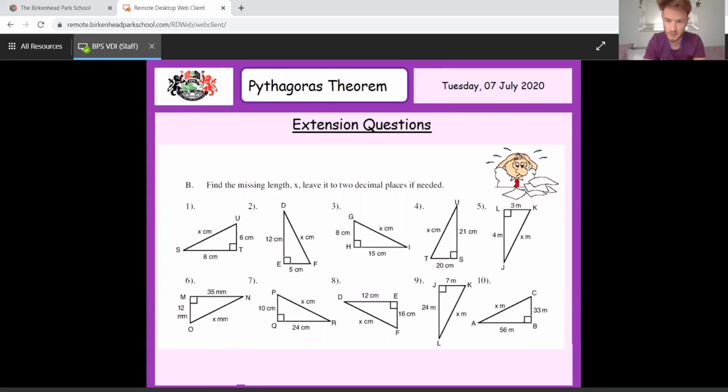The next lesson will also be Pythagoras, but a slightly different skill. So do these questions and then prepare yourself for the next lesson, and I will finish off at the end of the next lesson with my email to send me the extension questions and answers. Have a go at these and then be ready to start the next Pythagoras lesson, and I'll see you then.